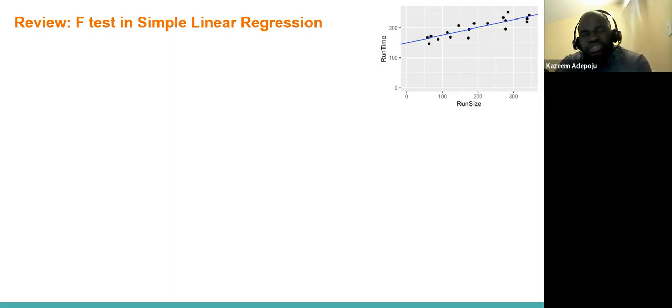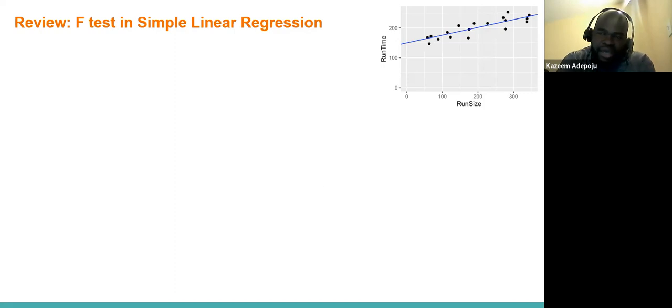It means we actually want to fit a relationship between the run time and the run size, where we want to predict the run time from the run size. If I have a particular run size, what time is it going to take to complete that?